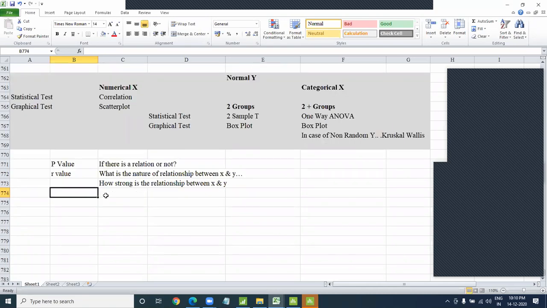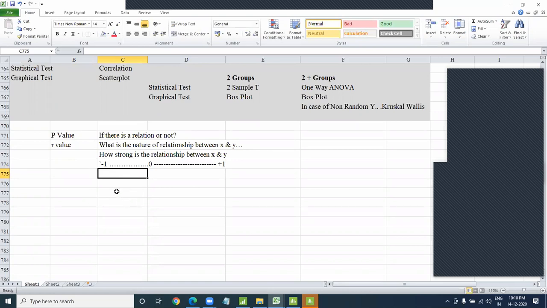Now, what is the significance of this R value? The R value will always range between -1 and +1. Every time you're dealing with an R value, you'll always see that this is the range. Now, what do we further interpret from these ranges?